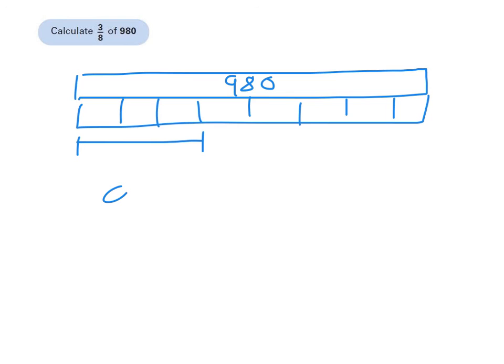So first of all, I will need to divide 980 by 8. That will give me each box. And because I've got just 3 of them, I would add these 3 together to give me my answer. That would be 3/8. Okay? And there will be 5/8 left over.